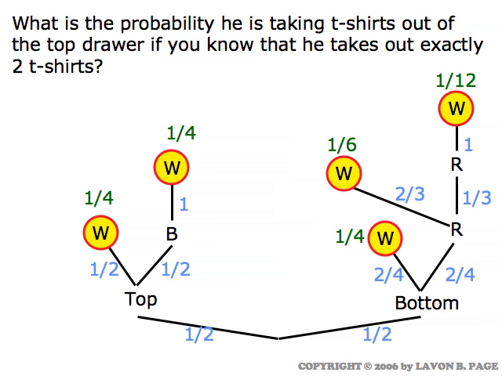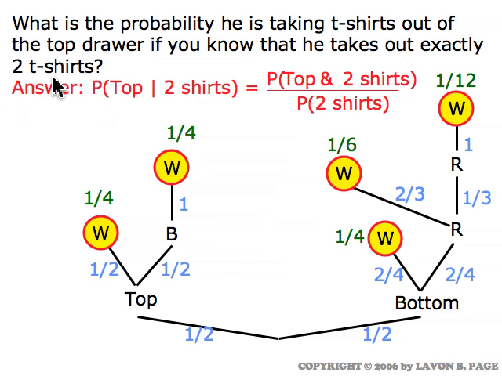Now, what's the probability he's taking t-shirts out of the top drawer if you know he takes out exactly 2 t-shirts? Phrase it like this: probability top drawer, given that he takes out exactly 2 shirts. So the definition of conditional probability gives us that answer as this fraction. What are the cases where he's pulling from the top drawer and draws 2 shirts?